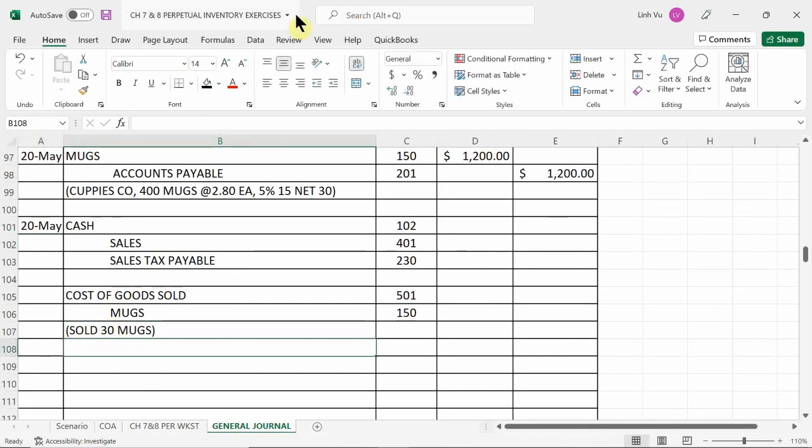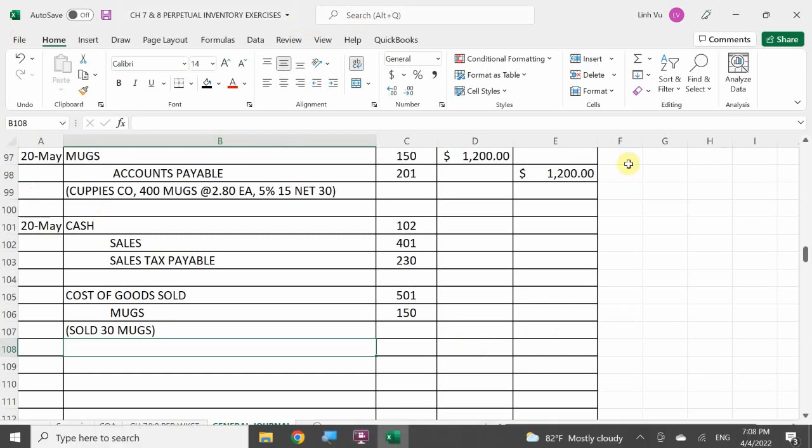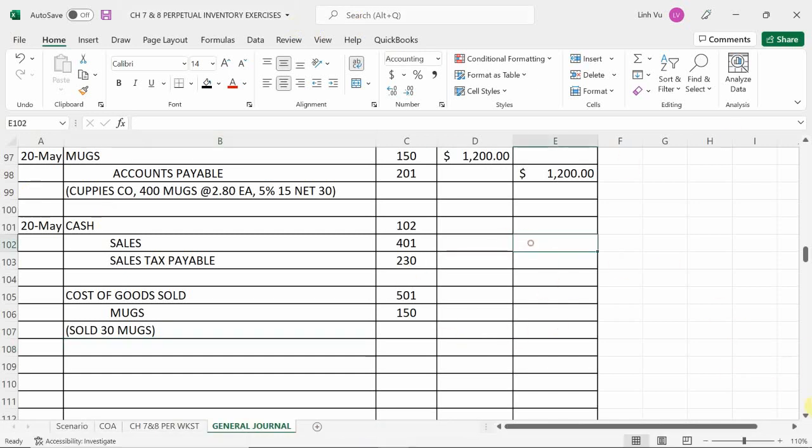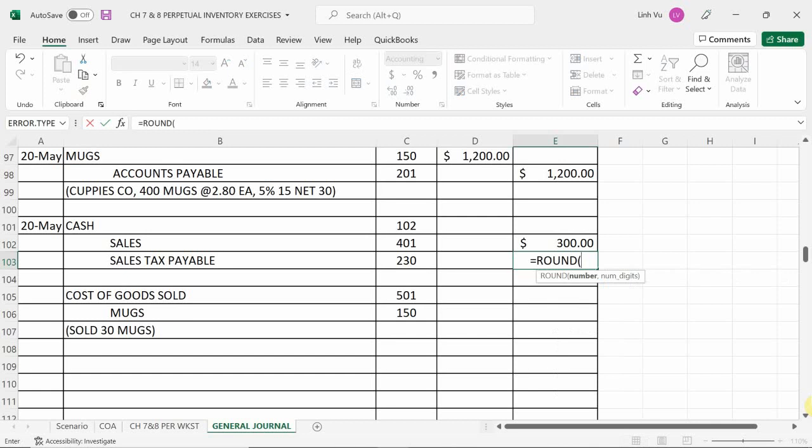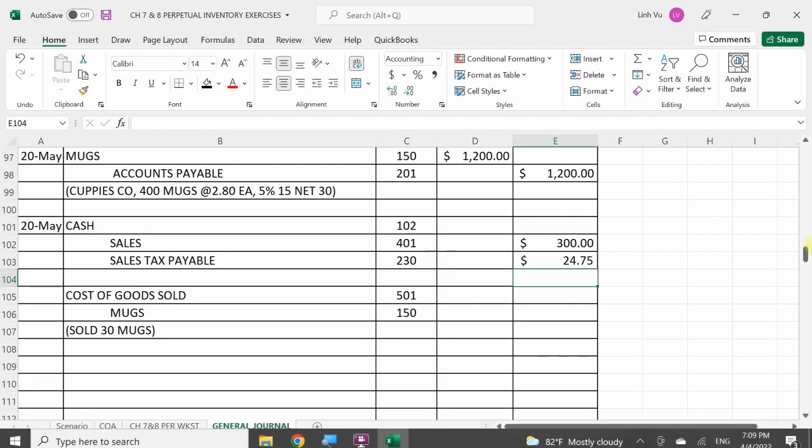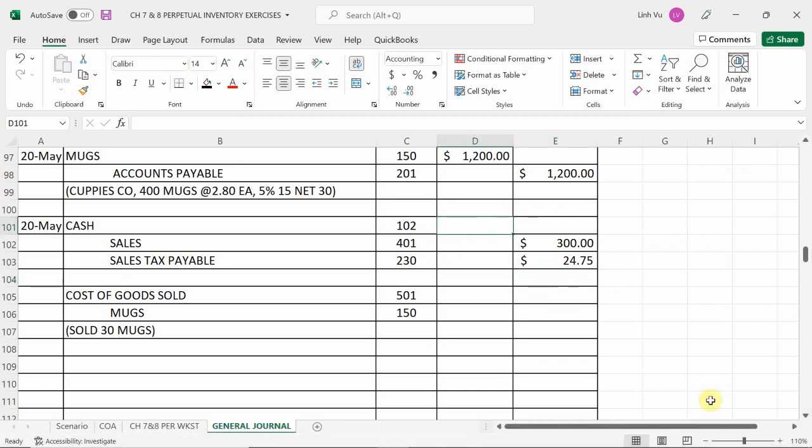If I sold my mugs at $10 each, 30 times 10 gives me 300. The tax on this, 8.25%, gives me $24.75.